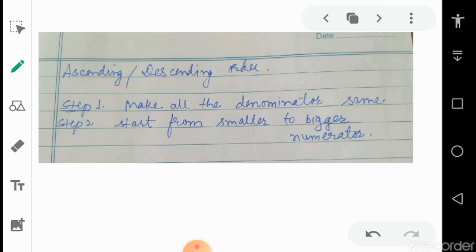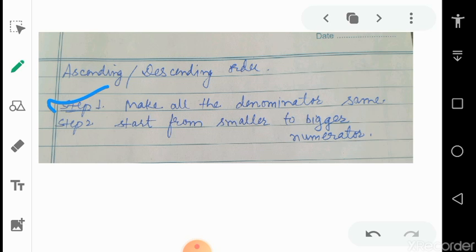If you change the order of ascending numbers, they are converted into descending and vice versa. So to know about ascending and descending, there are 2 steps. First is to make all the denominators the same as we are doing in the previous questions. So you have to make all the denominators the same, then start from smaller and bigger numerators.